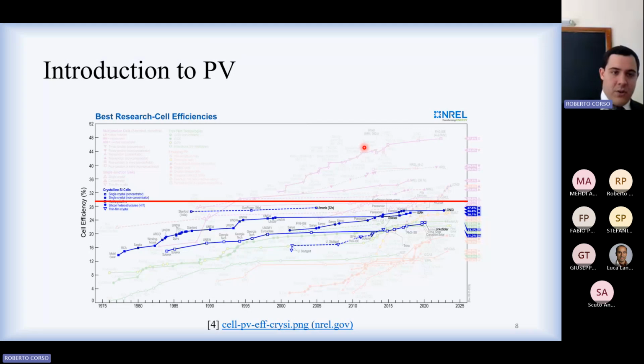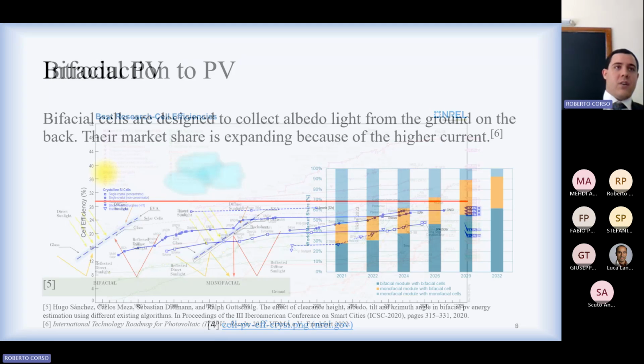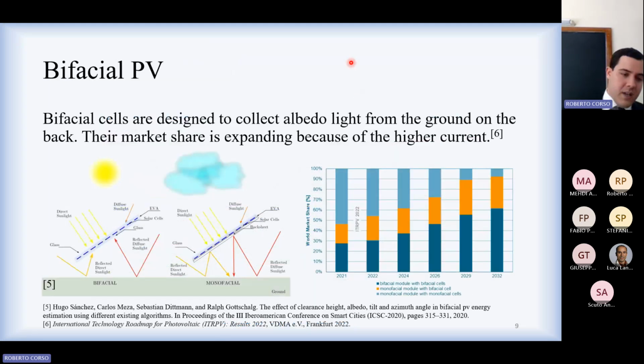The first approach is the bifacial photovoltaic cell. In general, in the conventional, also called monofacial, system, we have a backsheet made of plastic or in general polymers that shields the cell from environmental agents, but also blocks light incoming from the ground through its reflection.